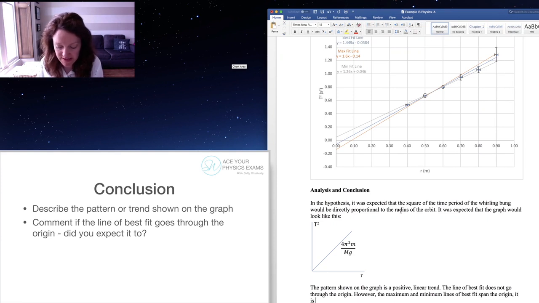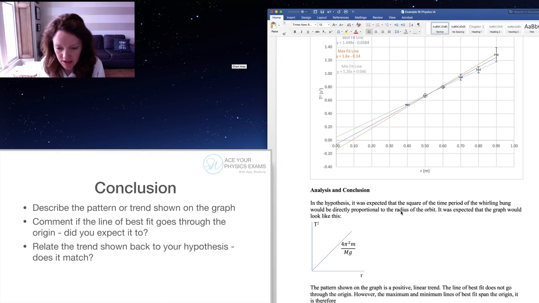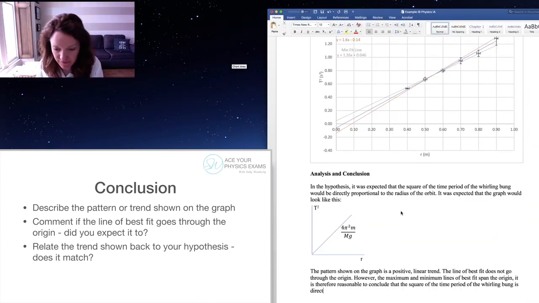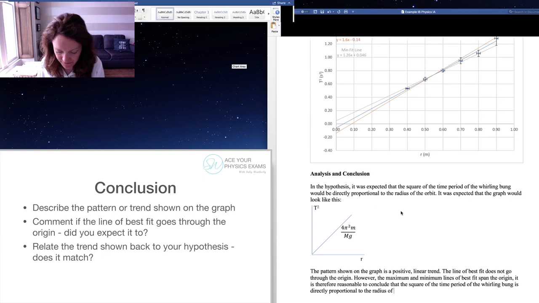It is therefore reasonable to conclude that the square of the time period of the whirling bung is directly proportional to the radius of orbit.